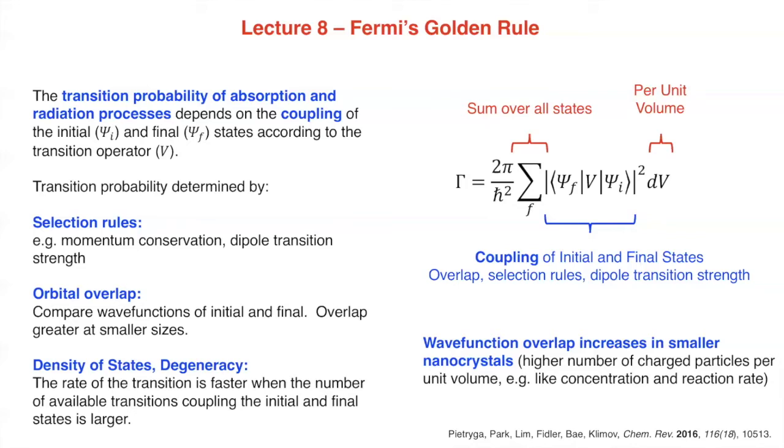I'll show you that in just one second, but before I forget, I want to say that this sum over all states thing is also very important when considering degeneracies in a wave function. So, the valence band of cadmium selenide is made up of p orbitals, and the conduction band is made up of s orbitals. And the p orbitals are triply degenerate, right? You have px, py, pz. So that gives rise to more degeneracy in the valence band than in the conduction band.